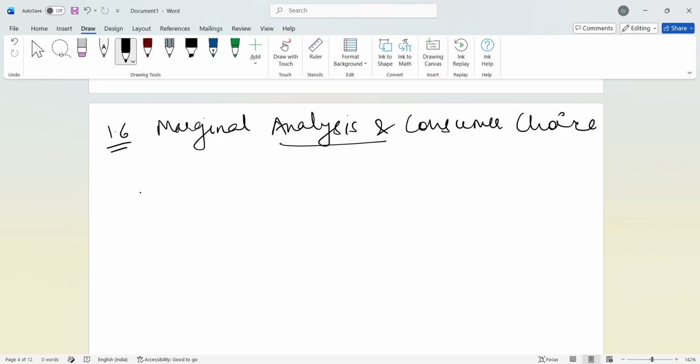Basically, in marginal analysis, what do economists do?